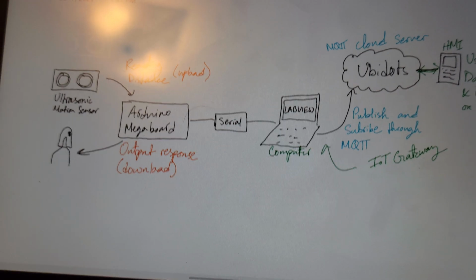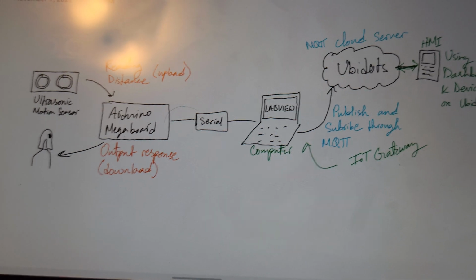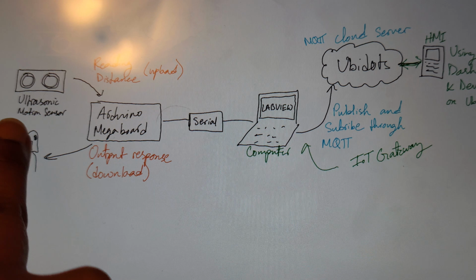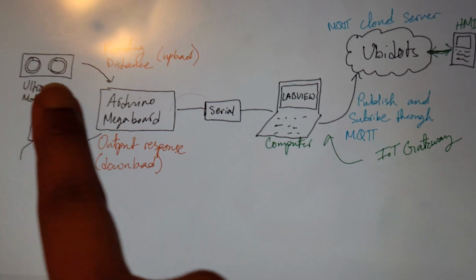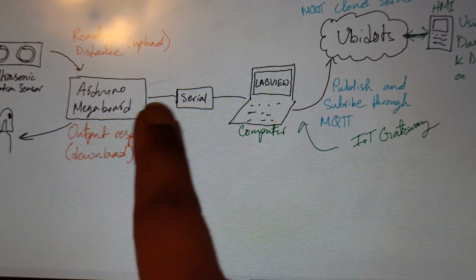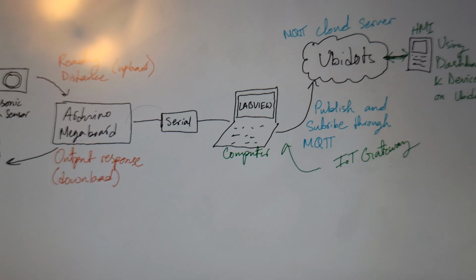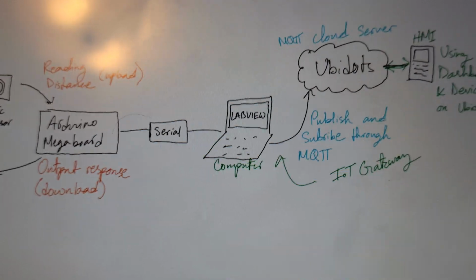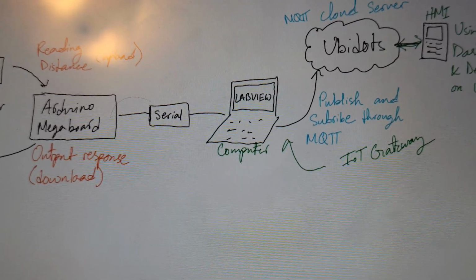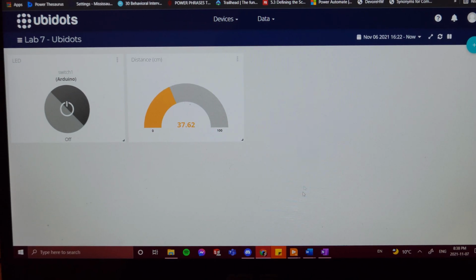The objective is to measure the distance between the object and the sensor by using an ultrasonic sensor, which will then read the distance, which will then be sent to the Arduino Mega board through the serial port, which will be recorded by LabVIEW and sent into the Ubidots cloud server, which can be seen through a HMI web-based dashboard on Ubidots, as seen here.